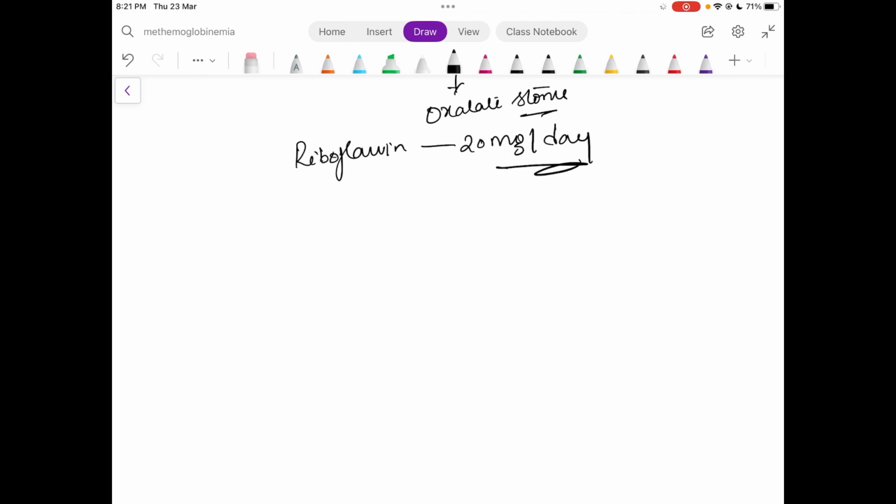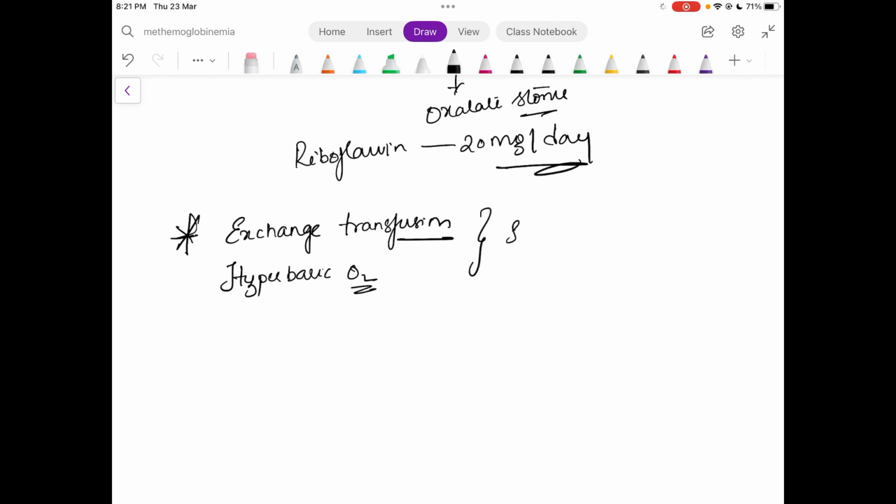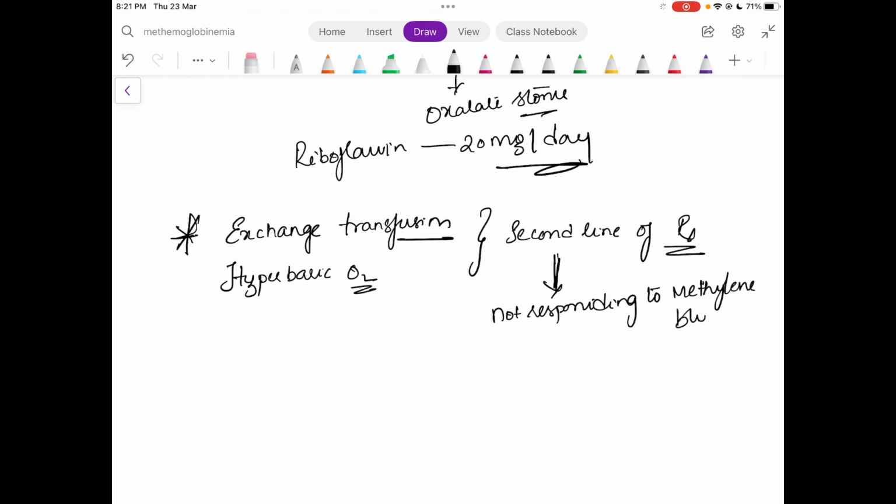And in acute conditions where giving methylene blue is contraindicated, you can use the following treatment, that is exchange transfusion can be done, and you can use hyperbaric oxygen as a second line of treatment in patients who are not responding to methylene blue, or you can use it in G6PD deficiency also.